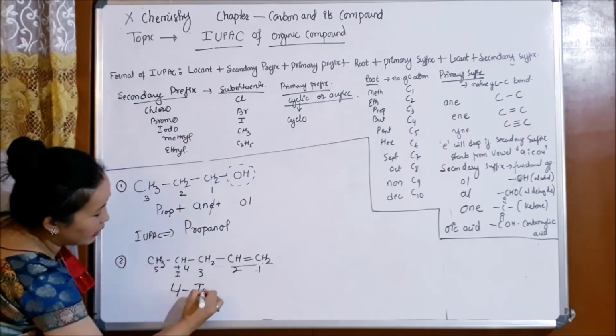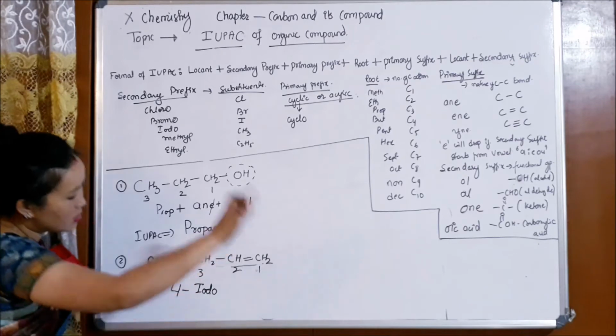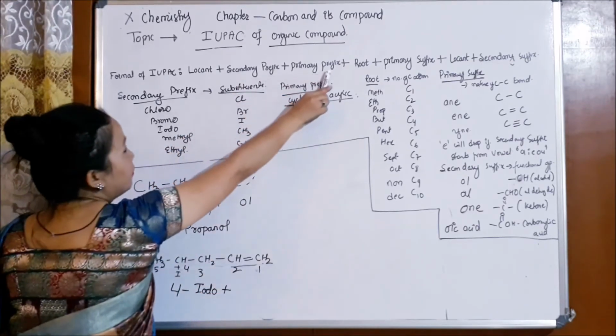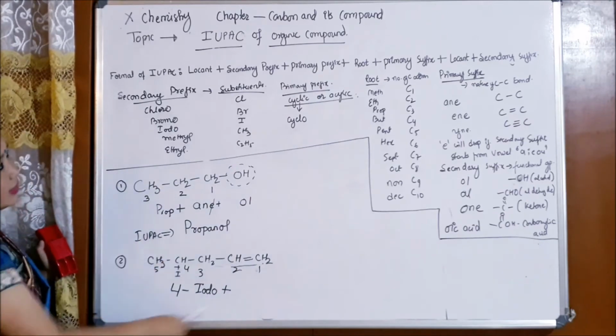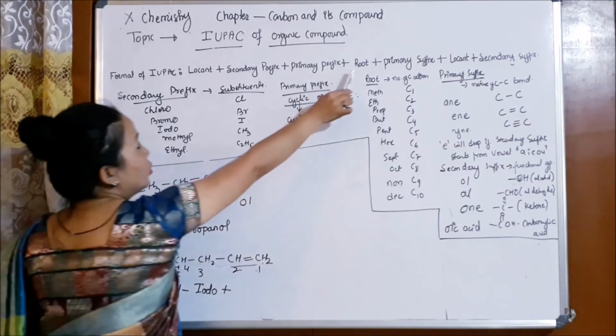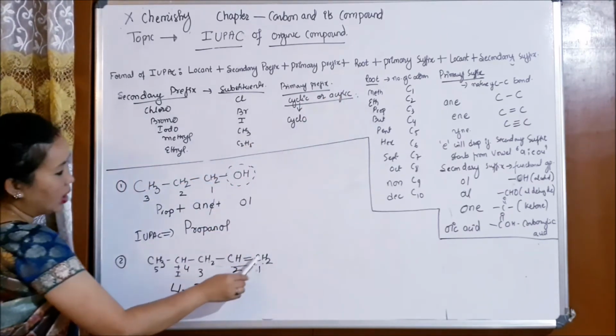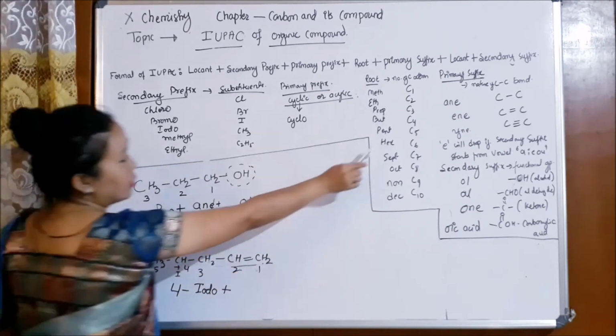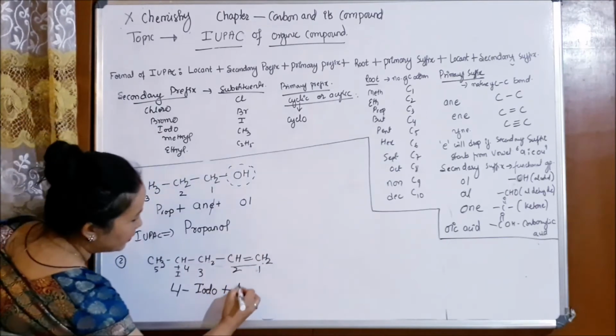First letter is every time capital followed by small letters. Now primary prefix, this is not cyclic, so no need to do anything. Root: how many carbons are there? 1, 2, 3, 4, 5. For 5, what do we need to write? Pent.